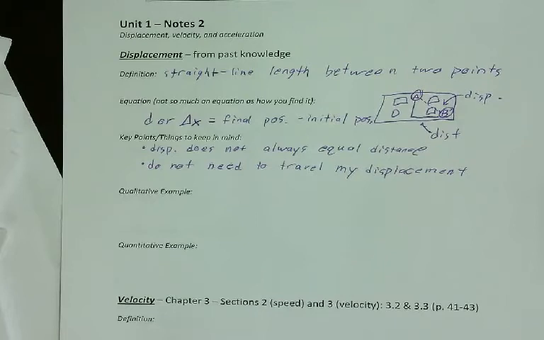This would be my distance, right? My displacement would be from up there to here. I don't actually have to walk that distance. I don't have to actually walk the whole way. I'm not going to step over your stuff. I don't actually have to walk the whole way to here for it to count as a displacement. I just have to measure it. So don't assume you have to go the displacement for it to be a displacement. Displacement is just a measure from A to B.